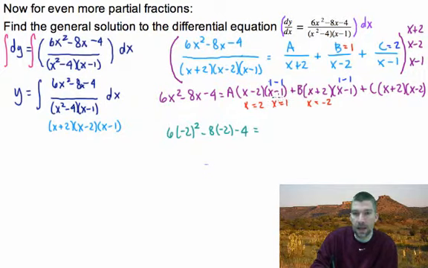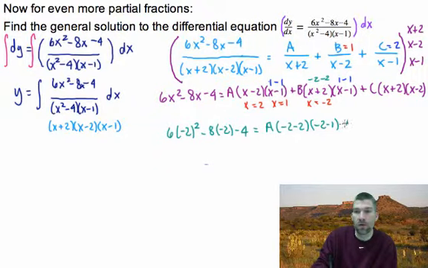And when you put negative 2 in, you're going to have all your a's. So negative 2 minus 2, negative 2 minus 1. And notice negative 2 minus 2, that's a 0, and negative 2 minus 2 here, that's a 0. And so what you end up with is just the a part now.